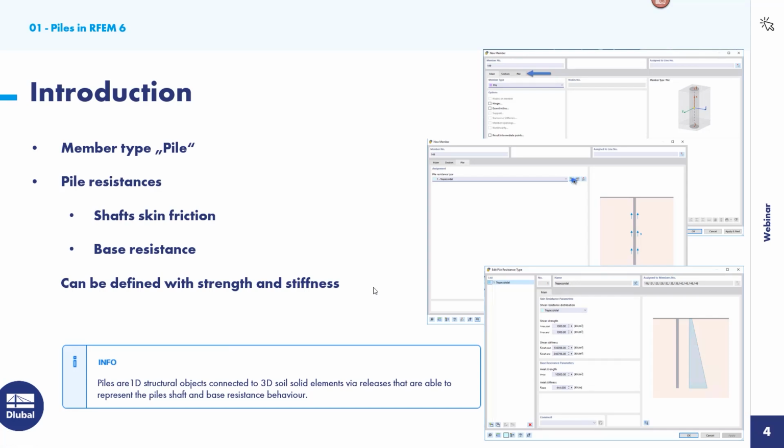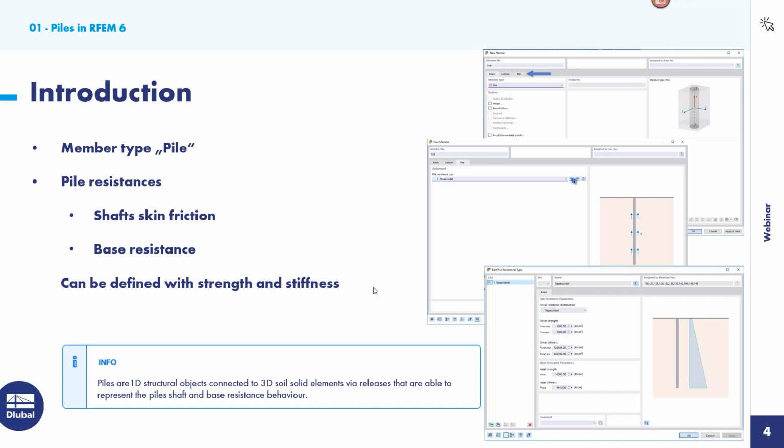If you have the geotechnical analysis add-on, it provides the member type pile in RFEM 6. The pile resistances, the skin friction and the base resistance, can be defined with strength and stiffness.